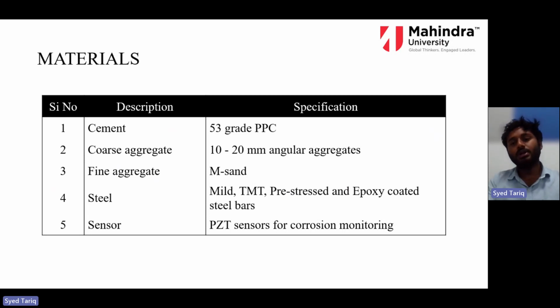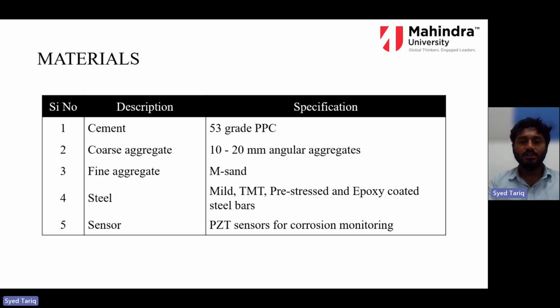The pre-stressed one and the total monitoring have not been discussed till now, but for the plain forged steel, TMT and epoxy coated, the first 10 days of data have been acquired, and those results are discussed here.